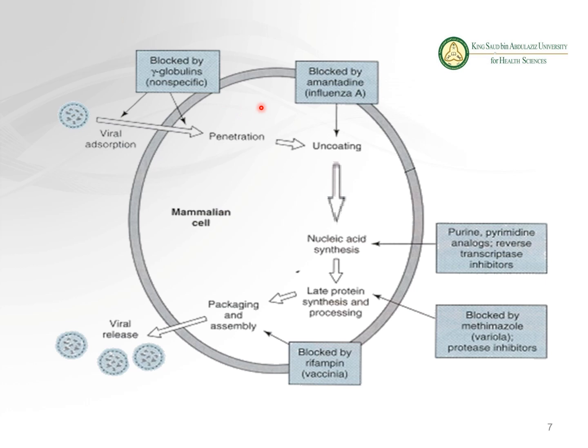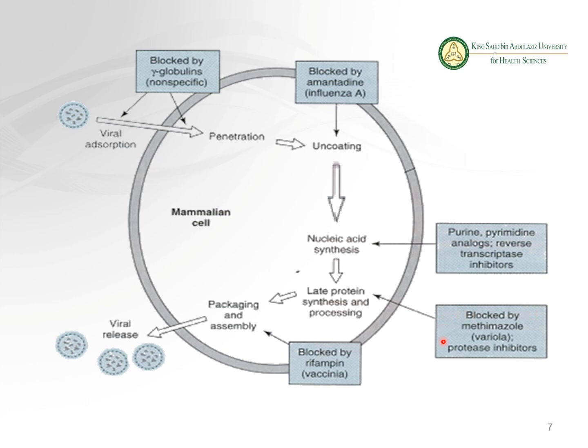This diagram shows the mechanisms or the site of action of different drugs that are inhibiting the different steps in the life cycle of the viruses. Here you can see alpha globulins or gamma globulins. They inhibit the penetration of viruses into the cells. Amantadine inhibits the uncoating of the viruses. Purine and pyrimidine analogs, the reverse transcriptase inhibitors, inhibit the nucleic acid synthesis and then inhibit the viral replication.